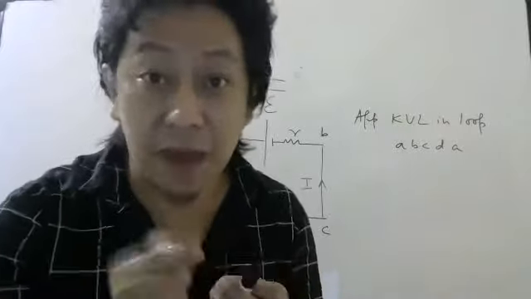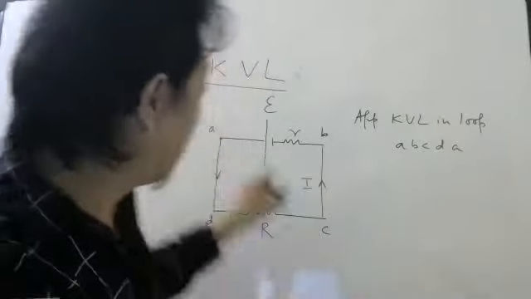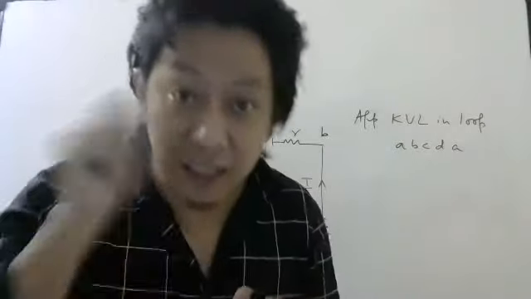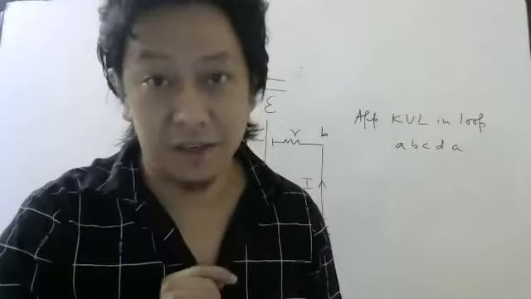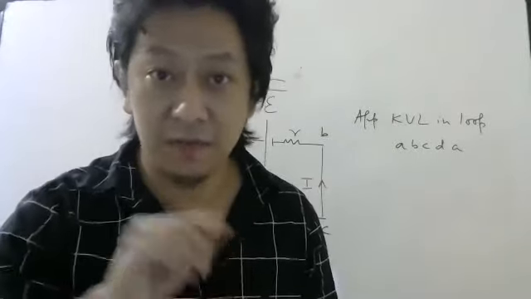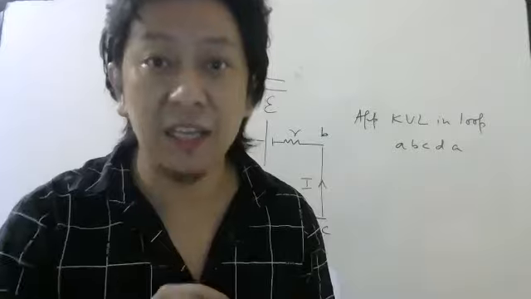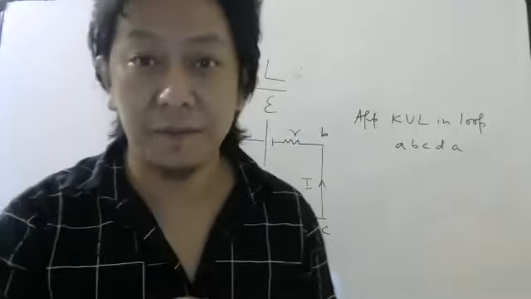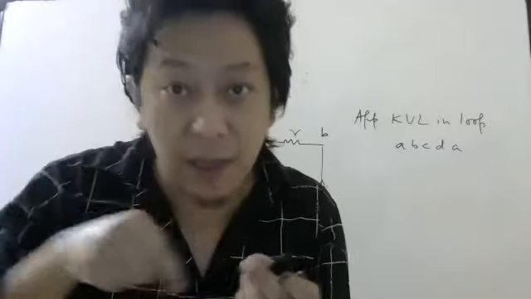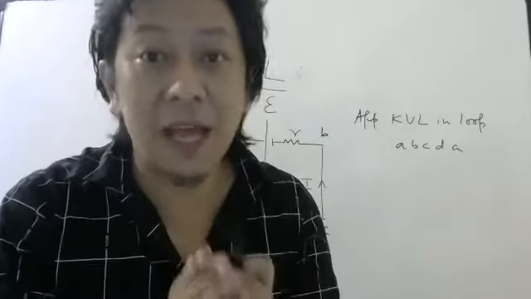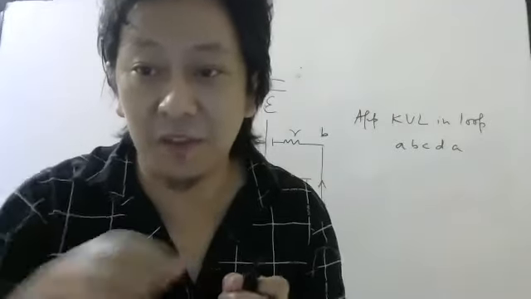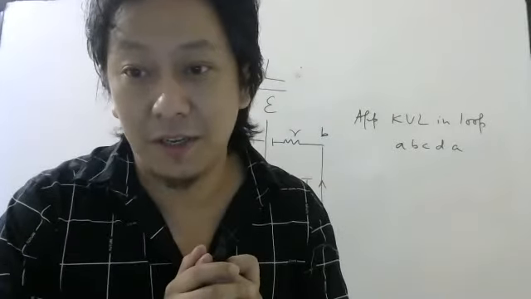Sometimes you will see a battery, so there will be a potential difference for the battery, that is the EMF. Sometimes there will be a resistor, and if there is current in that resistor, the potential difference according to Ohm's law is I into R. When you add all the potential differences and come back to the same point, the algebraic sum should be zero.